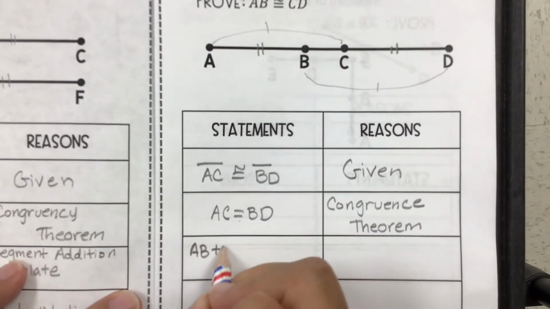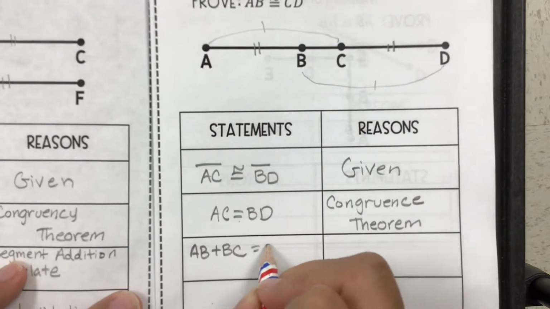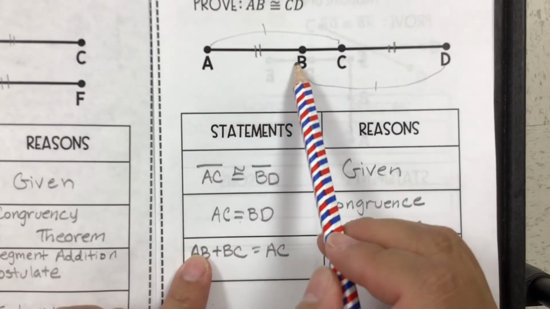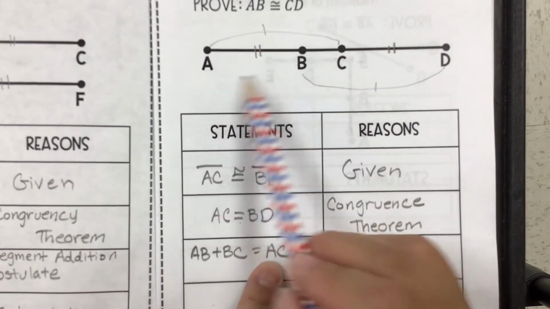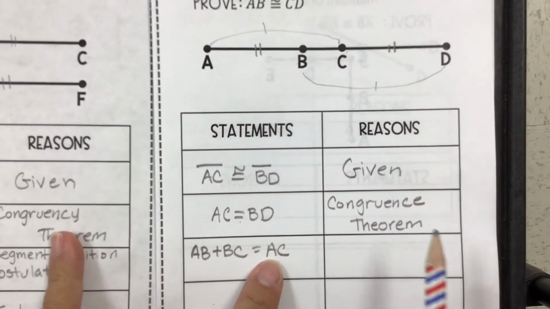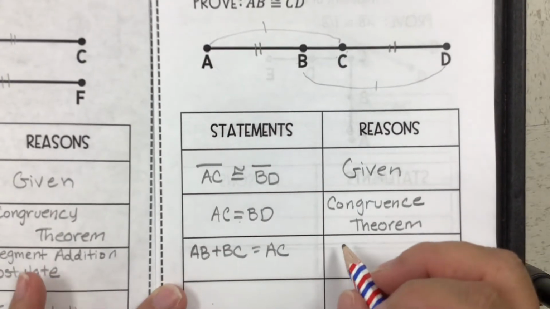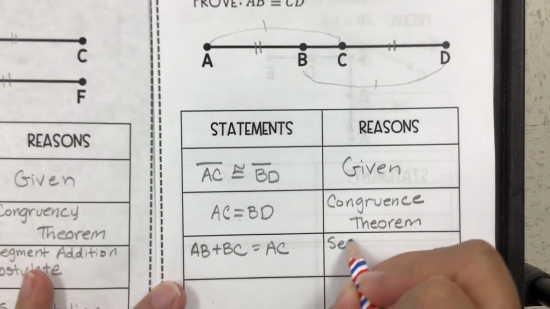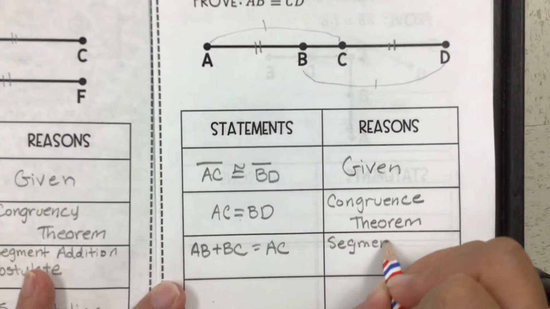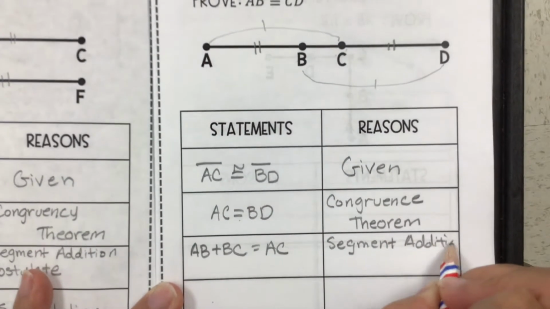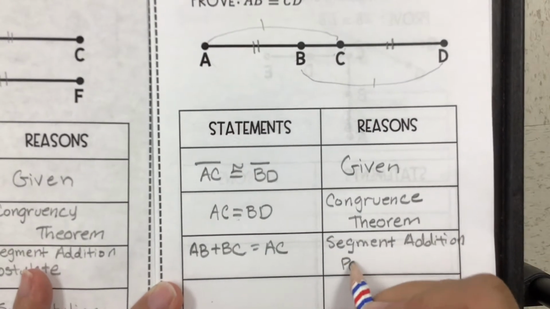AB plus BC is equal to AC. So it says that this piece plus this piece is equal to the whole thing. Do you remember which postulate that is? Well, you're adding segments together, it is the segment addition postulate.